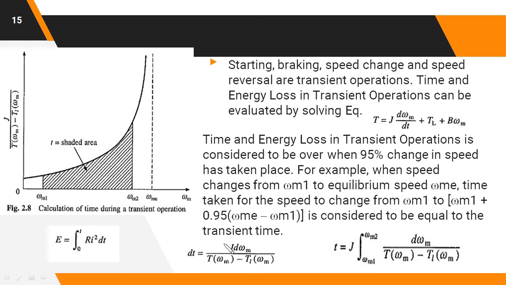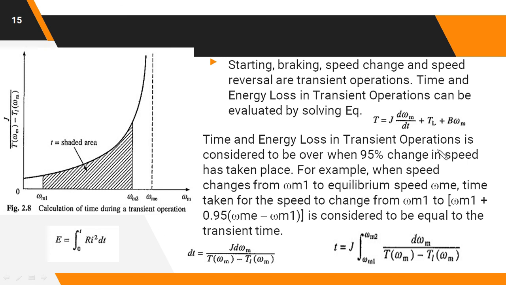This is our first equilibrium equation, T is equal to TL plus J d omega by dt. If we rearrange and integrate this equation, you can calculate the time t. During the transient operation, we can calculate time and energy by these formulas.